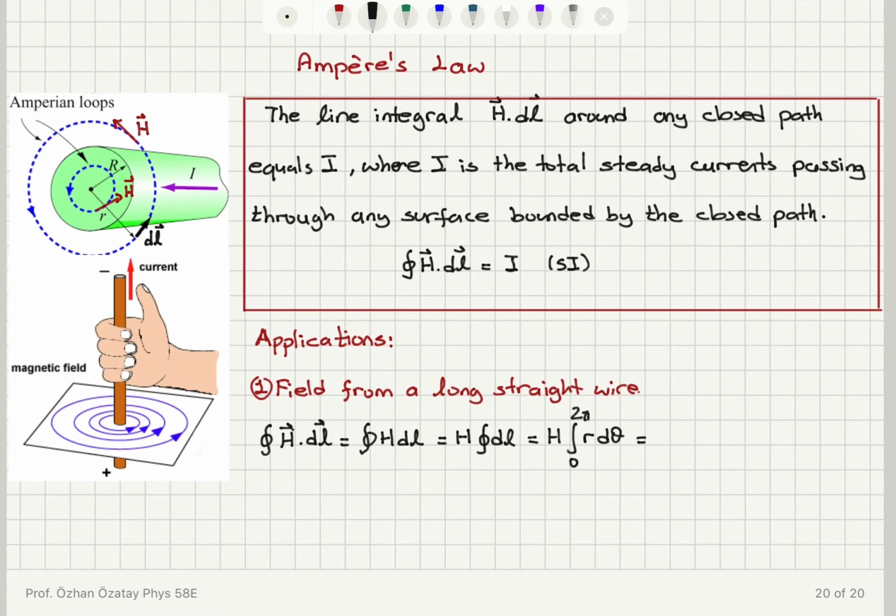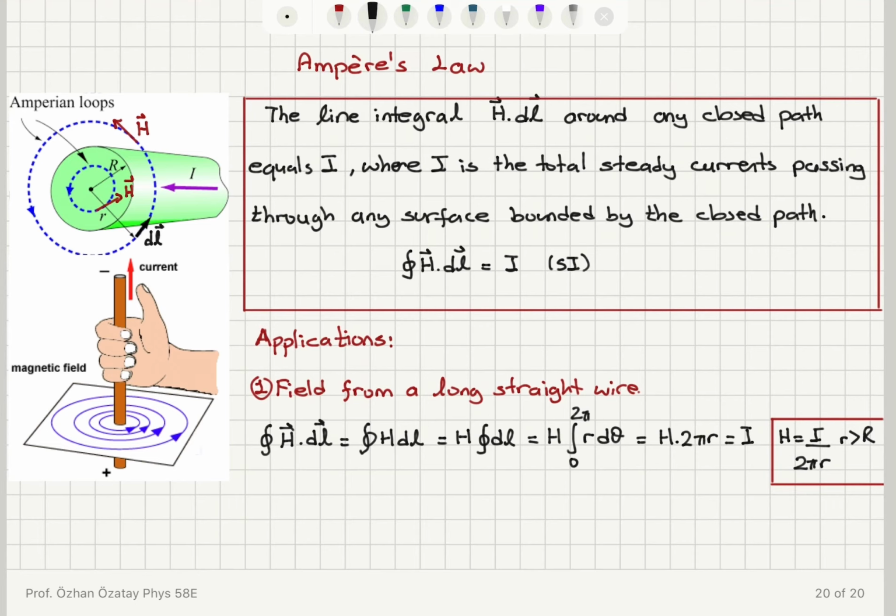So this would be equal to H times 2 pi r. And according to Ampere's law, it's equal to I. So we find that the magnetic field is I divided by 2 pi r for r greater than capital R. So that is outside the wire. So that's one answer we have.